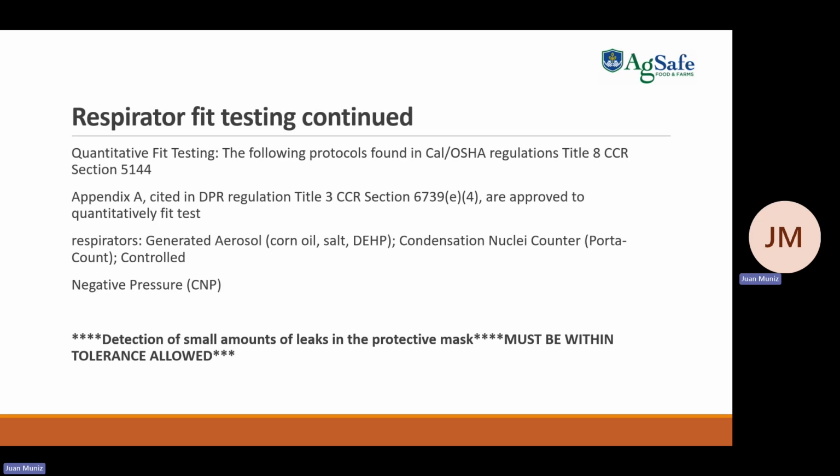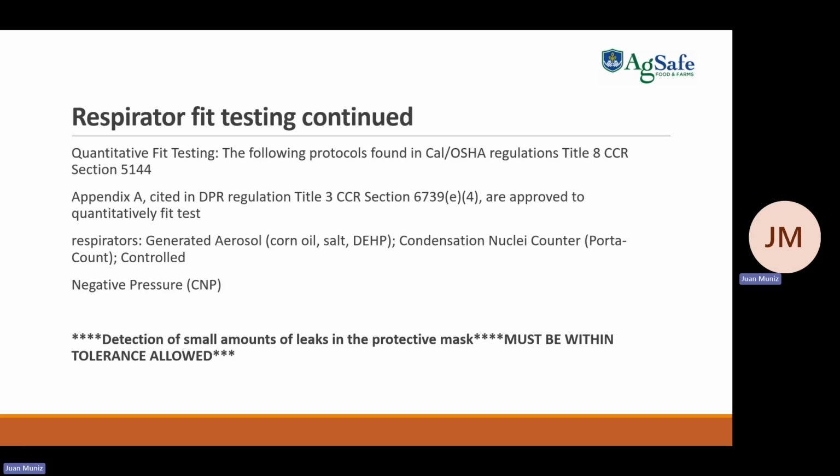The detection of small amounts of leaks in the protective mask must be within the tolerance allowed by the regulation in order to pass. In this case, the equipment will detect small amounts of leaking in the seal, and the leaks that are allowed to enter that mask have minimal acceptable tolerances or limited amounts that are considered safe.